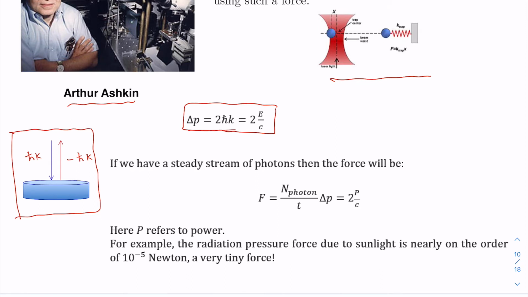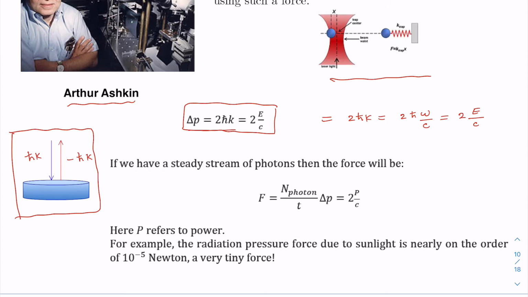Let me explain: we have twice ħk, which we can write as twice ħω by c, where ħω is the energy of a photon, so E is the energy of the photon and c is the speed of light.